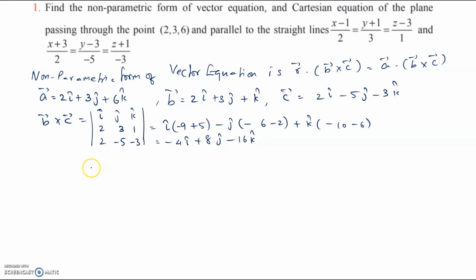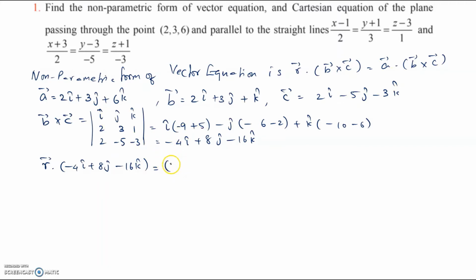So, replacing all the results into the non-parametric vector equation, we get r vector dot product with our b cross c, which is minus 4i cap plus 8j cap minus 16k cap, is equal to a dot product with b cross c.